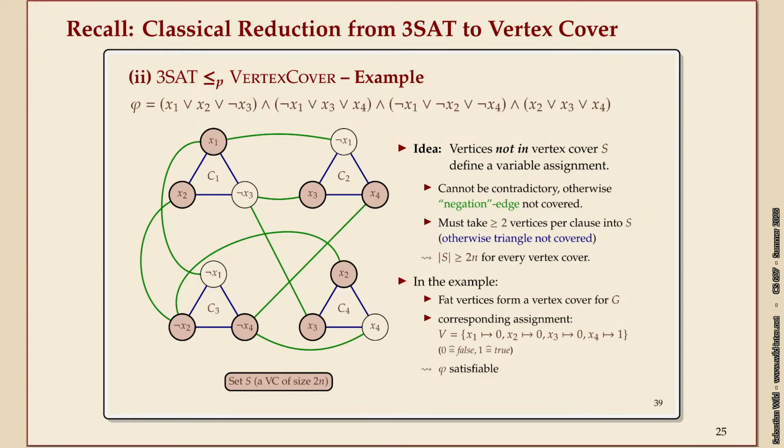This is a reduction I've very, very quickly shown you at the very beginning. We talked about classical reductions. It's also one that you'll have seen maybe in some other places or in Karp's paper. It's reducing 3-SAT to vertex cover. And it's just shown on an example.